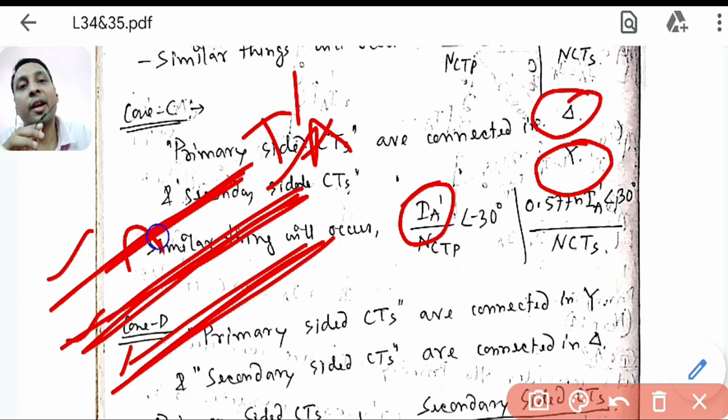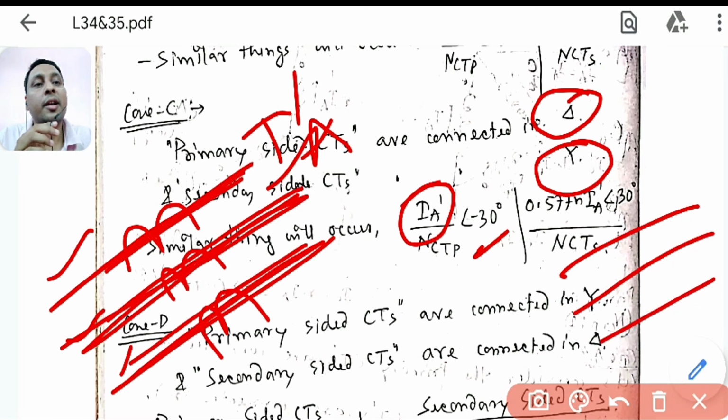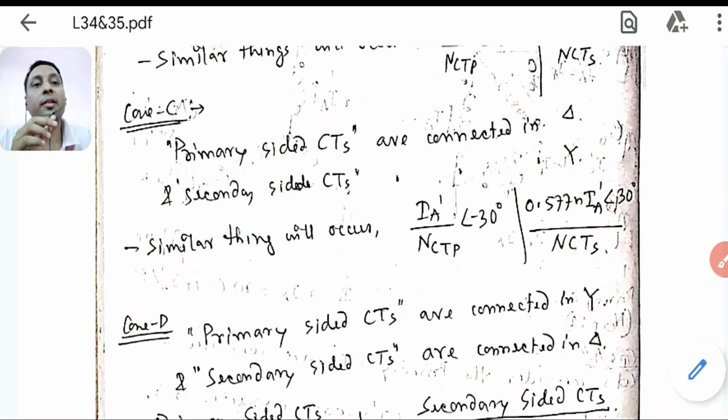Because your secondary is now connected in delta, there will be a minus 30 degree shift. That's why minus 30 degree here. And on that side, your CT primary side you always consider star, and secondary is also star, so there is no angle. It was already 30 degree, so that 30 degree will remain here. So here the shift will be 60 degree, you can see.